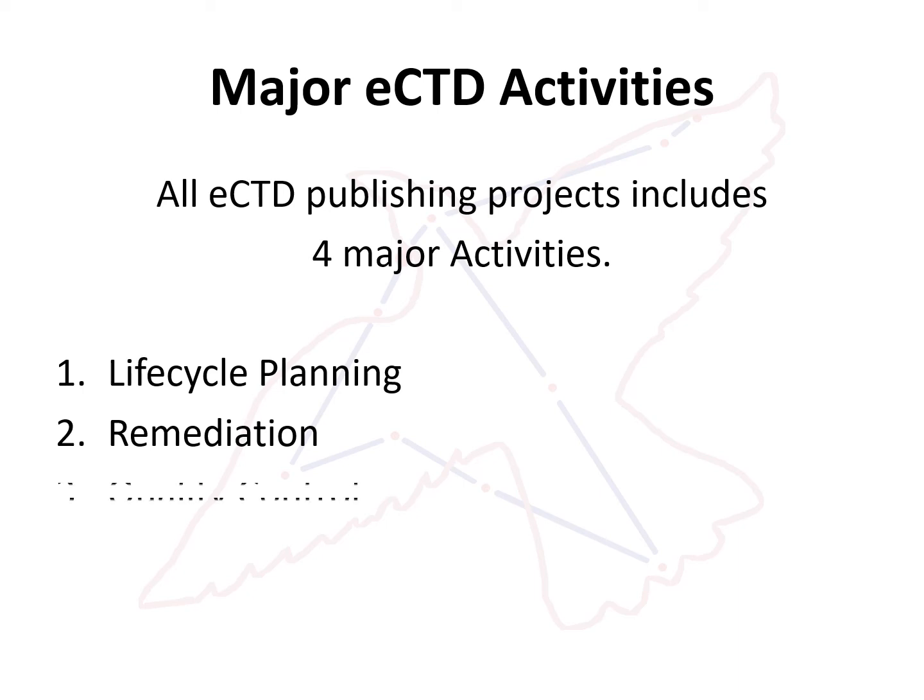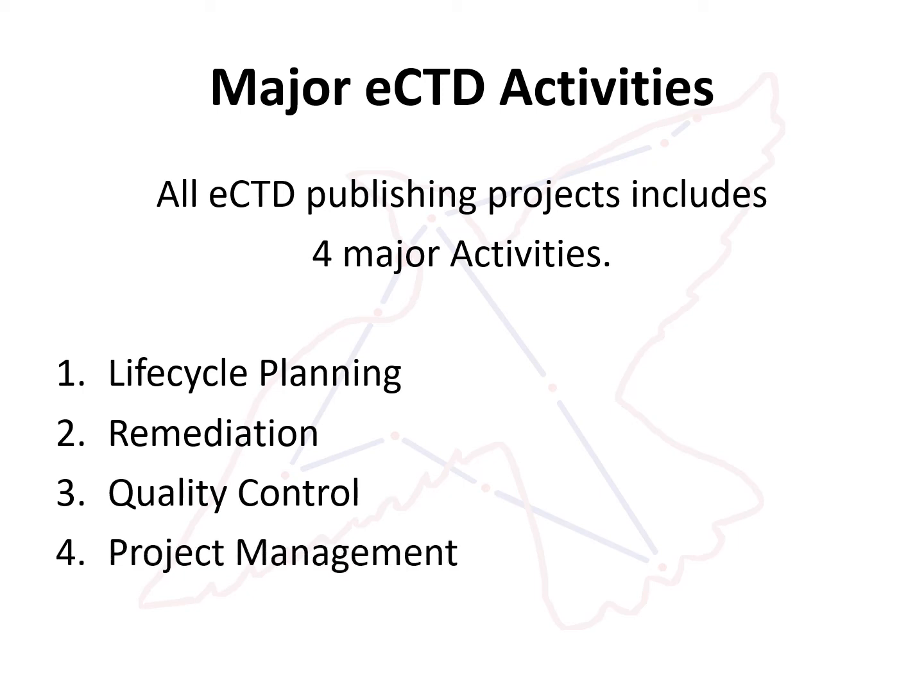Third is quality control, where you are ensuring that everything you have is exactly what you want. Finally, project management is the task where you manage the project as a whole, as well as take into account any technical things like file transfers or any other issues that you may run across.